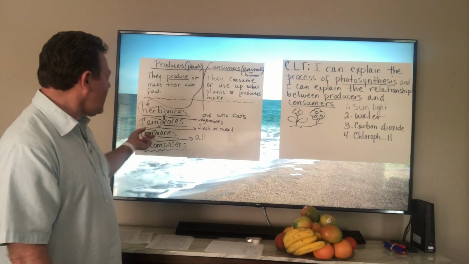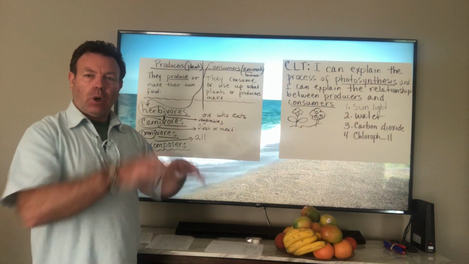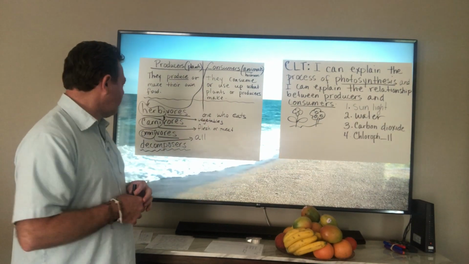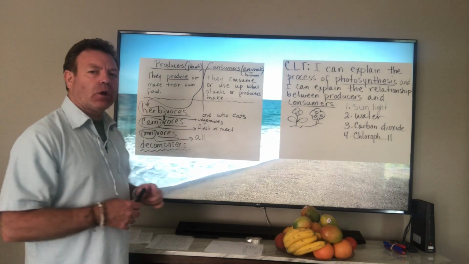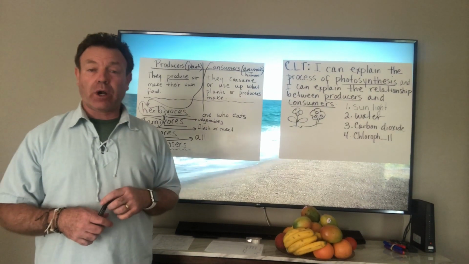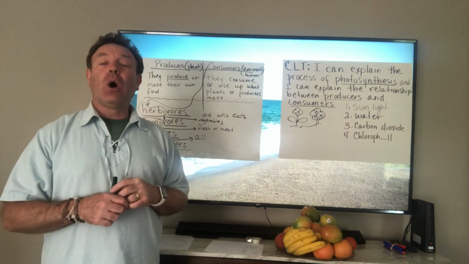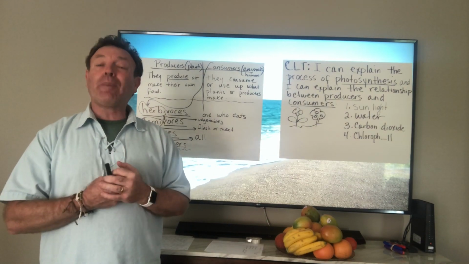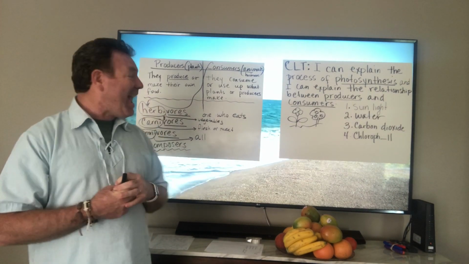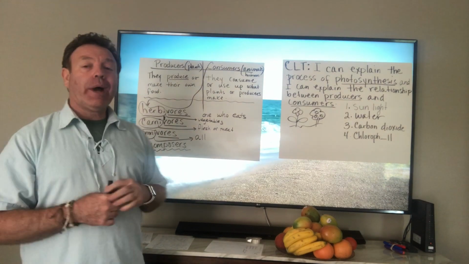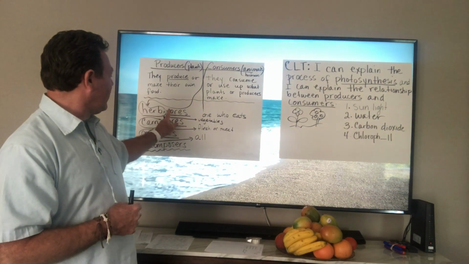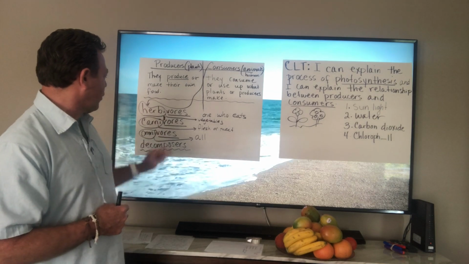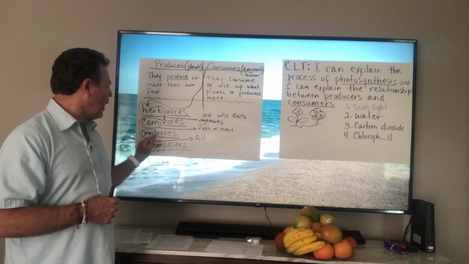And then omni means all, okay? Omni. And I'm not going to talk much about decomposers because that's going to be your homework. So now what you need to do is go to your notebooks or binders, or go to your Google Docs and go ahead and have a definition for each one of these words: herbivore, carnivore, and omnivores.